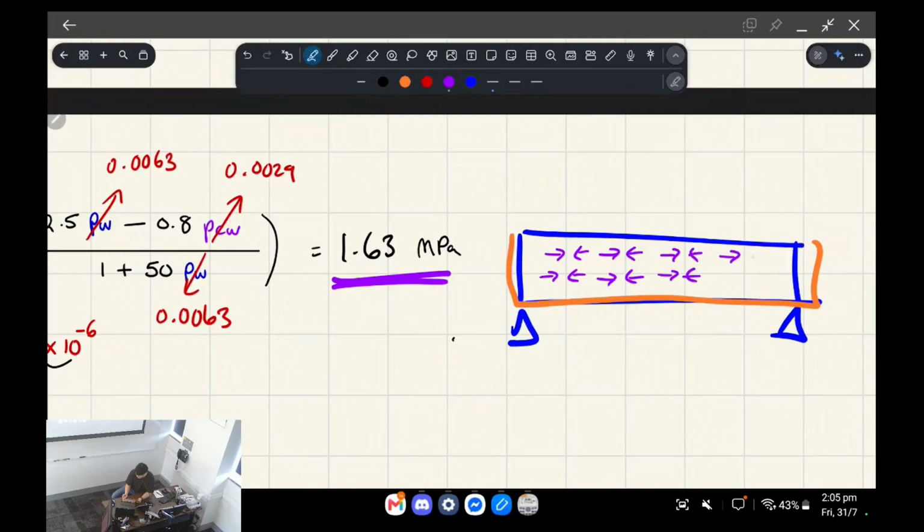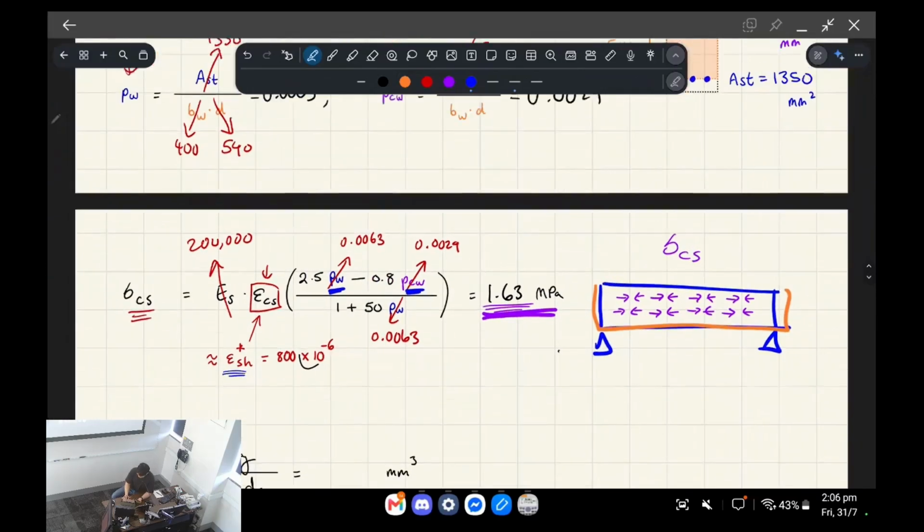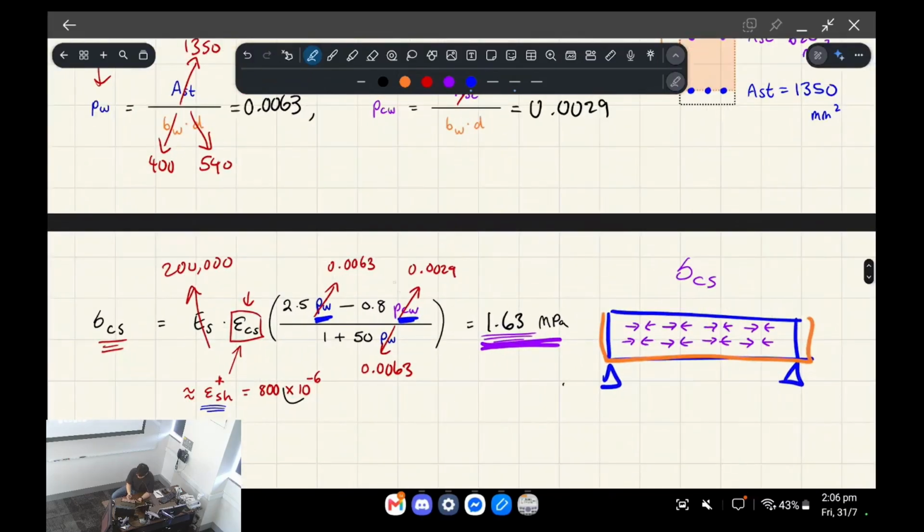We can quantify that amount of shrinkage as this, the tensile shrinkage stress. And remember, this is based on the ratio of your compressive and tensile steel. So this is basically saying you have less tensile shrinkage stress if you have more compressive steel.